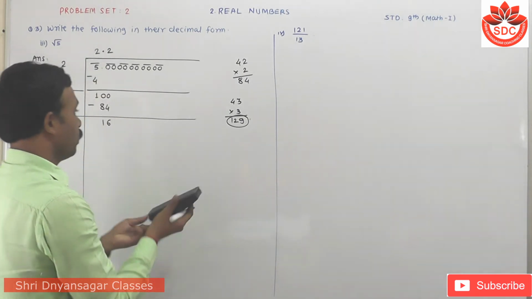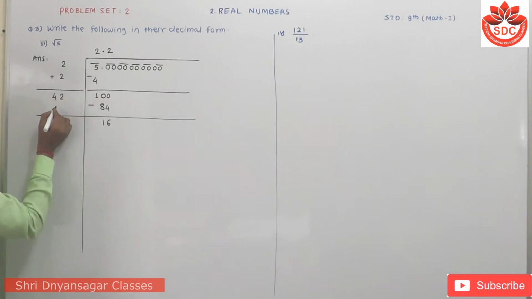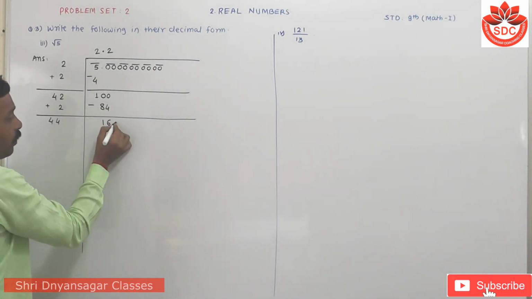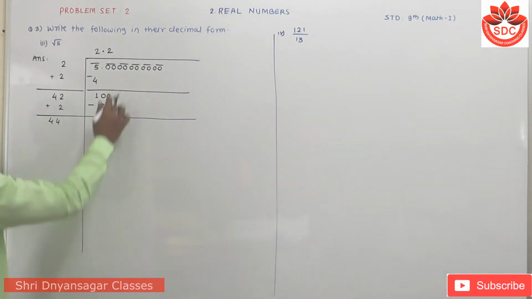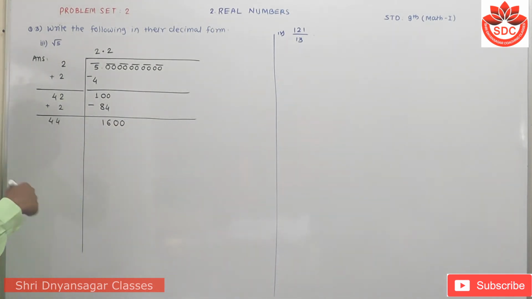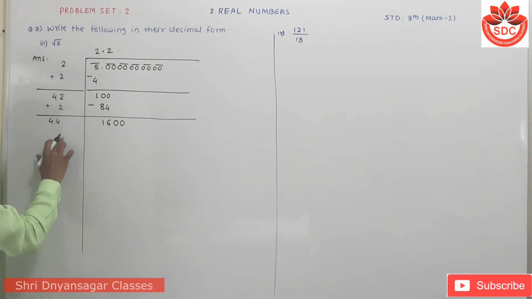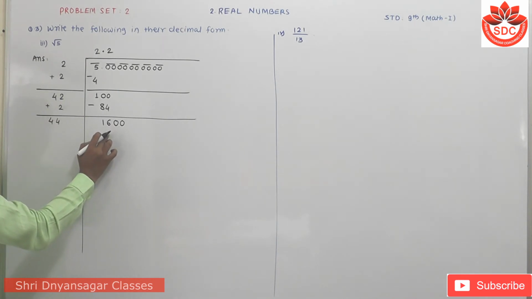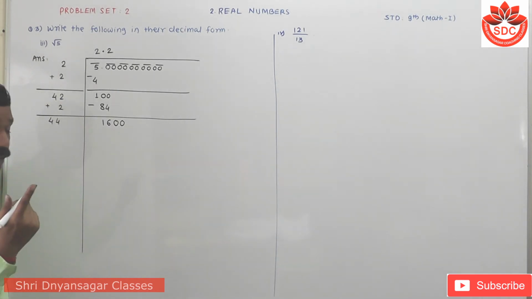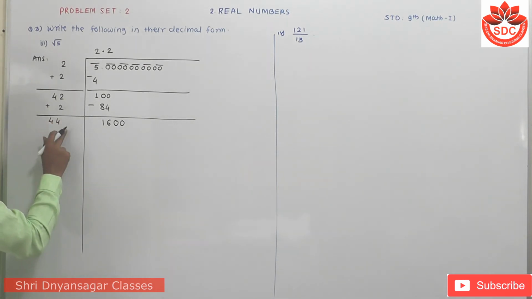Okay. I have to draw this portion here. You have to double it, so add 2 again here. Then it becomes 44. Then take 1 pair of zeros here, and it becomes 1600. Now student, take a number such that when you multiply by it, the value becomes nearly equal to this number. Suppose you take 4 here, then it becomes greater than 1600.